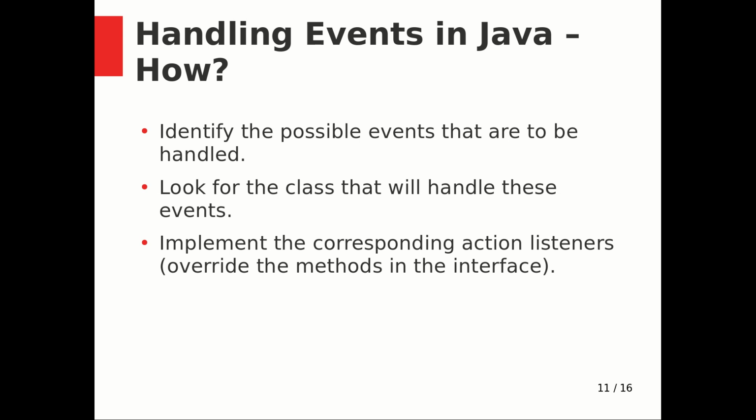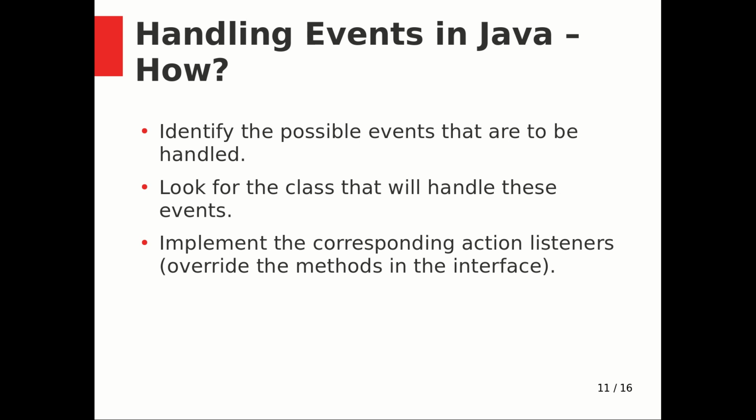Now we need to make a class that is responsible for handling these events. How can we make it responsible for handling the events? We implement the corresponding listeners, that is, we override the methods in the interface.